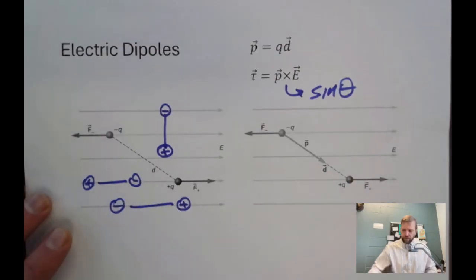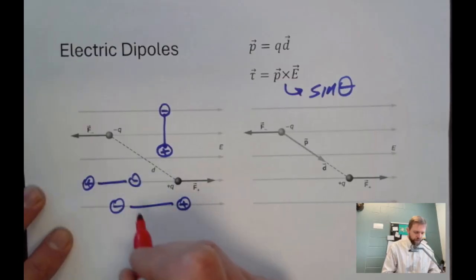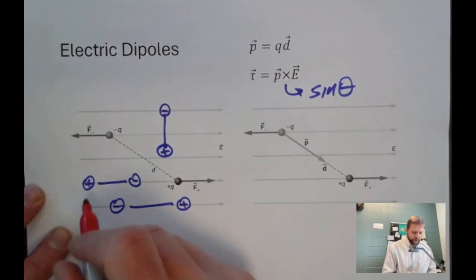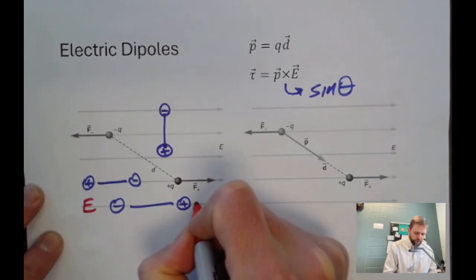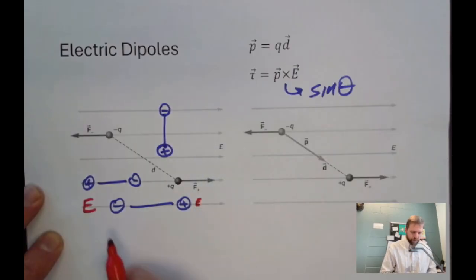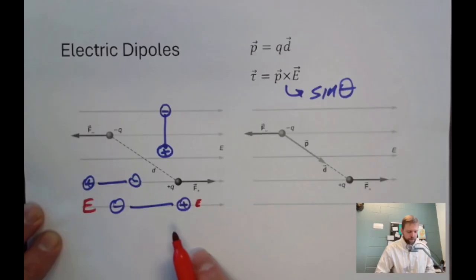All right? And the reason for this is because, let's just say that here you've got an electric field that is stronger over here. So the electric field over here is strong, and then over here it's weak, because that's how the field strength is moving.